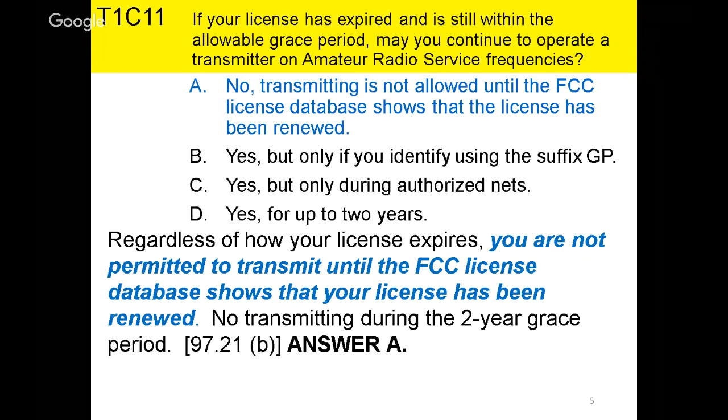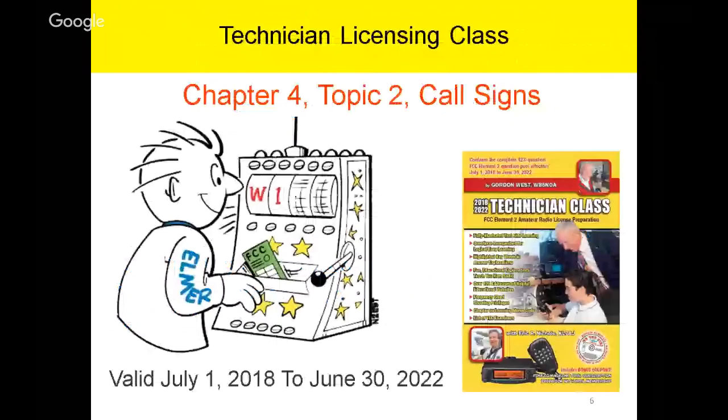You don't have a license to operate." So at any rate, you've got to make sure that you keep it up to date, and you keep it renewed so that you can continue operating uninterrupted.